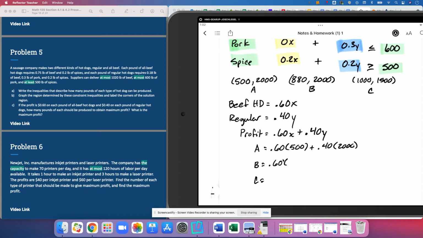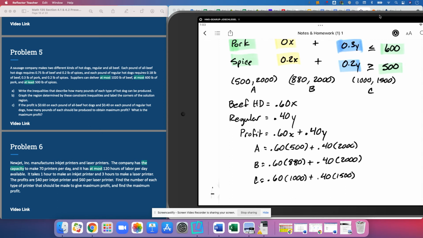The next option is to make 880 pounds of the all beef and 2,000 pounds of the regular. And lastly, everyone, option C is to make 1,000 pounds of the all beef and 1,500 pounds of the regular.